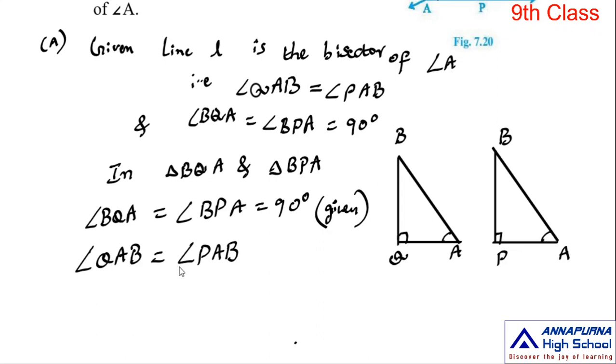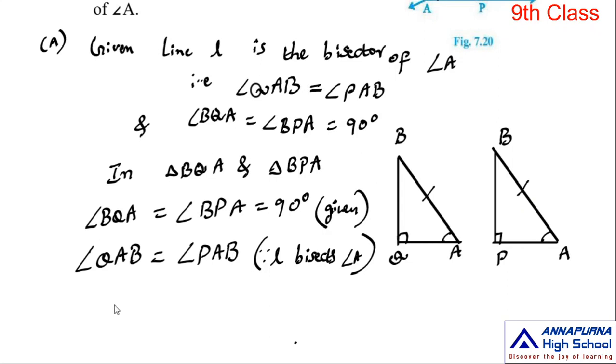Angle QAB is equal to angle PAB. These two angles are equal because the line L bisects angle A. And AB is equal to AB.